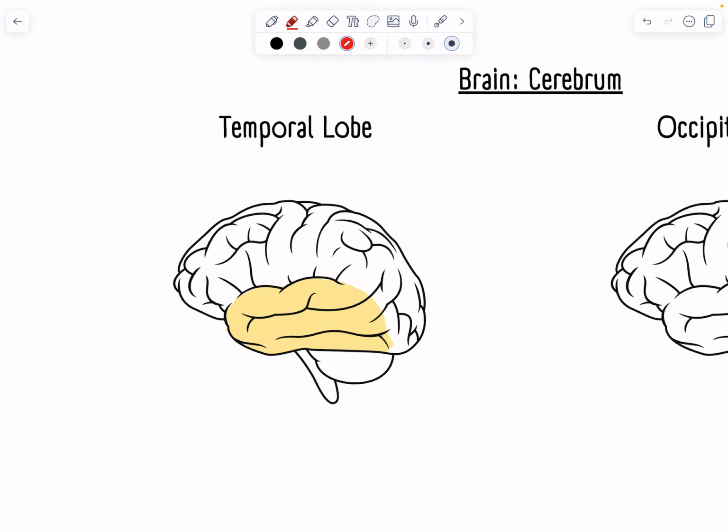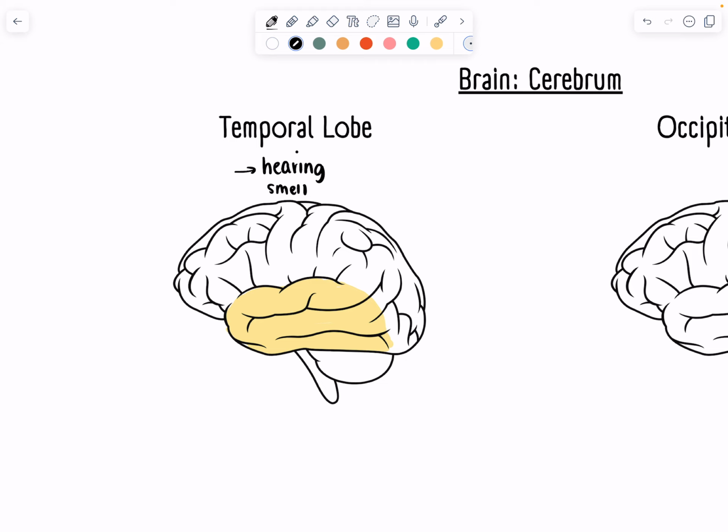My temporal lobe does a whole bunch of stuff. Some of the main things that the temporal lobe is involved in is our hearing. If we go deeper into our temporal lobe, we get some of our other senses. We get some smell stuff that's going to happen in the temporal lobe.